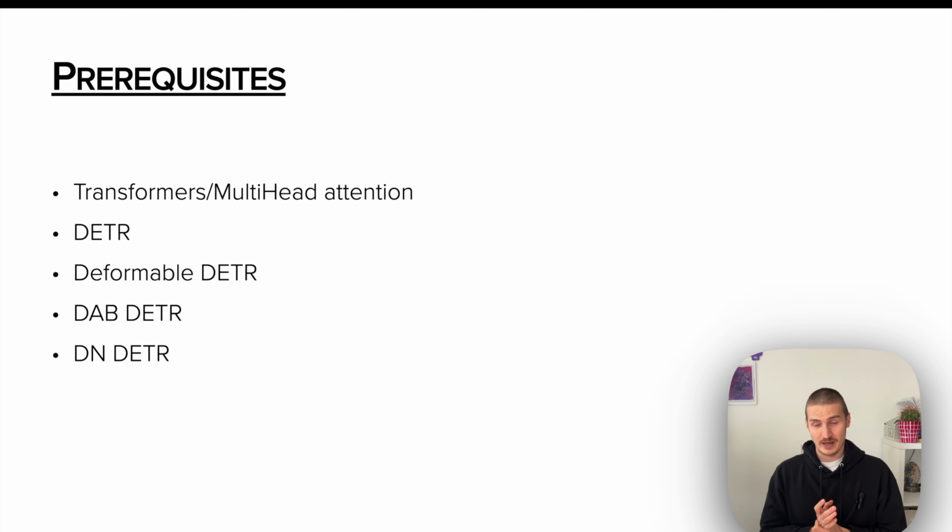So to understand what's going to happen next, you need to know what transformers and multi-head attention are, and have some familiarity with Detr-like models, starting with Detr itself, the first one introduced by Facebook Research, then Deformable Detr, DAB Detr, and DN Detr, DeNoising Detr.